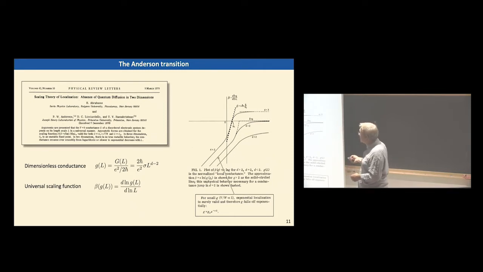This is the very famous paper where the authors look at the dimensionless conductance. The spirit of the paper is that the important quantity to look at is the conductance, and not the conductivity. And the conductance will depend on the size of the sample.